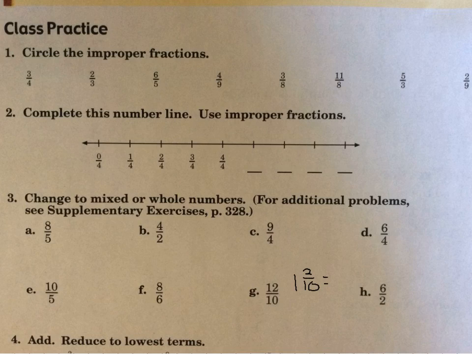What goes into both 2 and 10? 2 does. 2 goes into 2 one time, and 2 goes into 10 5 times. So our reduced answer is 1 and 1/5. And H is really easy. 2 goes into 6 3 times. So 3 is our answer.